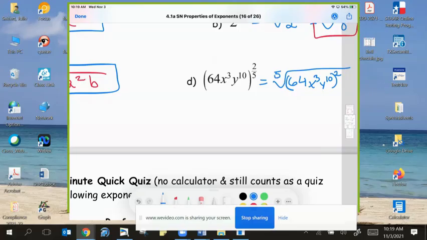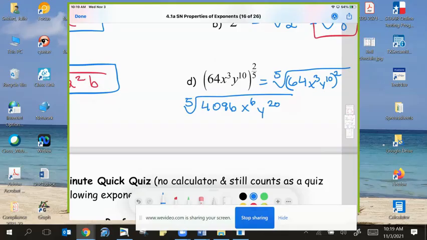If we square everything on the inside, 64 squared is 4096. X to the third squared is x to the power of 6. Y to the 10th squared is y to the power of 20.